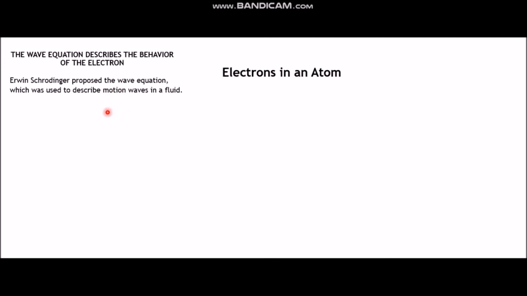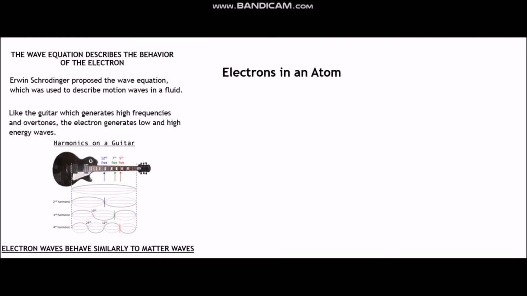So this equation was initially developed to describe motion waves and matter waves. So let's take, for example, the guitar. You pull a string on the guitar. The string generates a series of high frequencies and overtones.